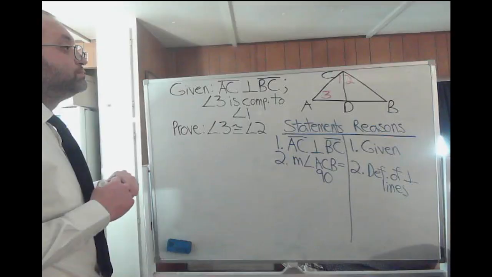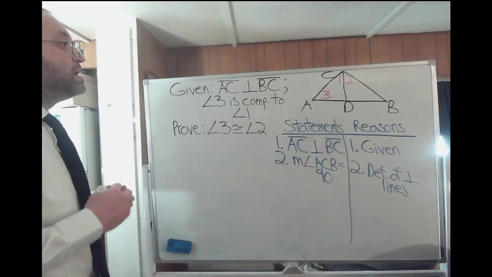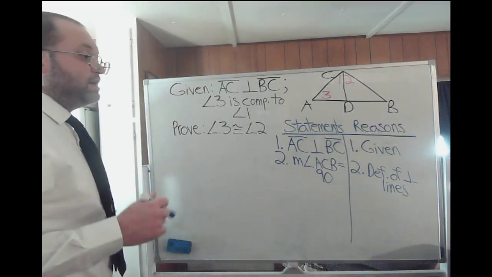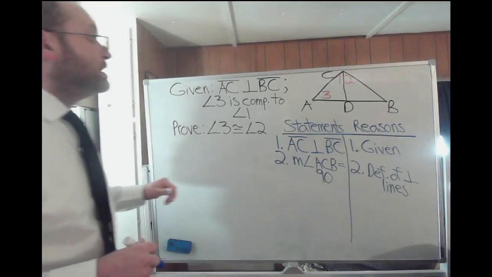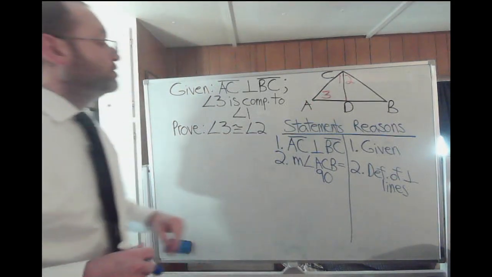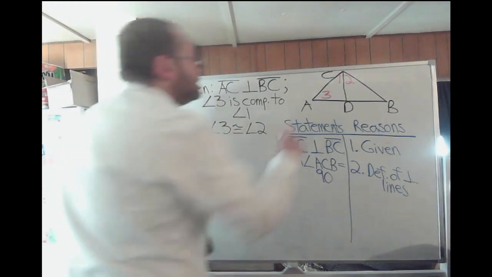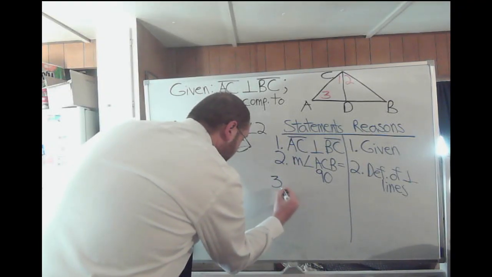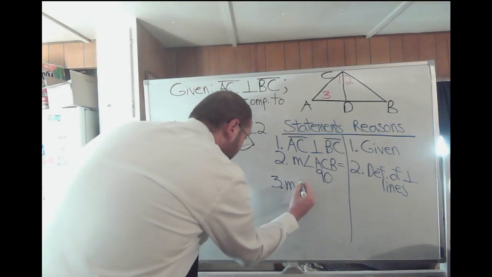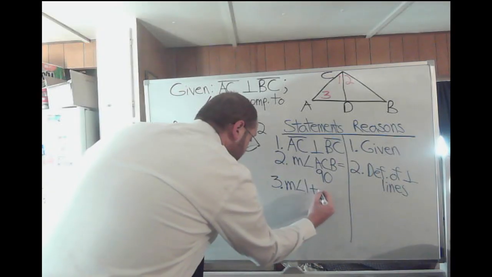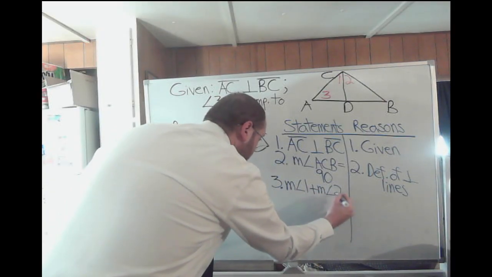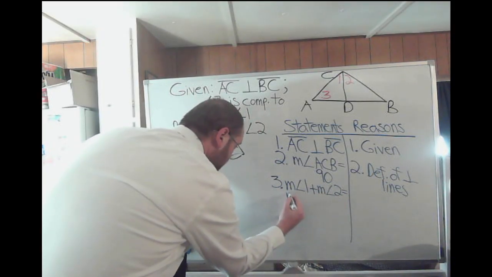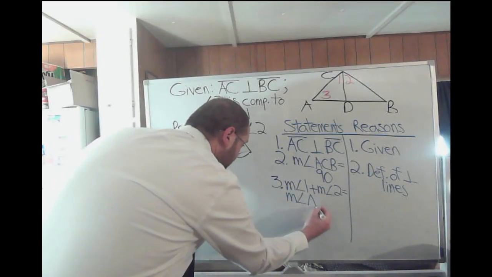Well, what we have now is angle 1 and angle 2. They're subangles, so we can now say the measure of angle 1 plus the measure of angle 2 equals the measure of angle ACB.